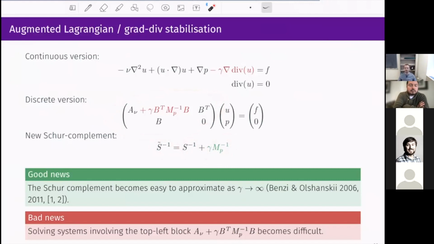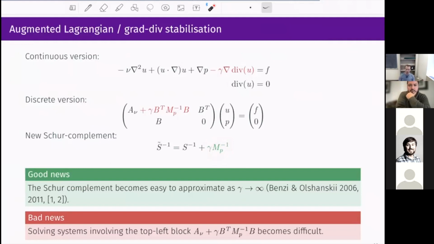They're the identity of finite element methods. So the good news here is that the Schur complement becomes increasingly easy to approximate as we make this term gamma large. This is easy to see: if you make gamma large, then this Schur complement is entirely dominated by this mass matrix, and mass matrices are easy to do essentially everything with.